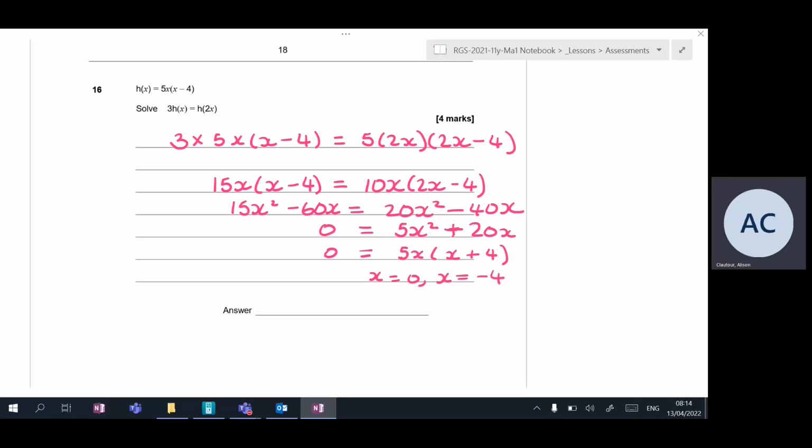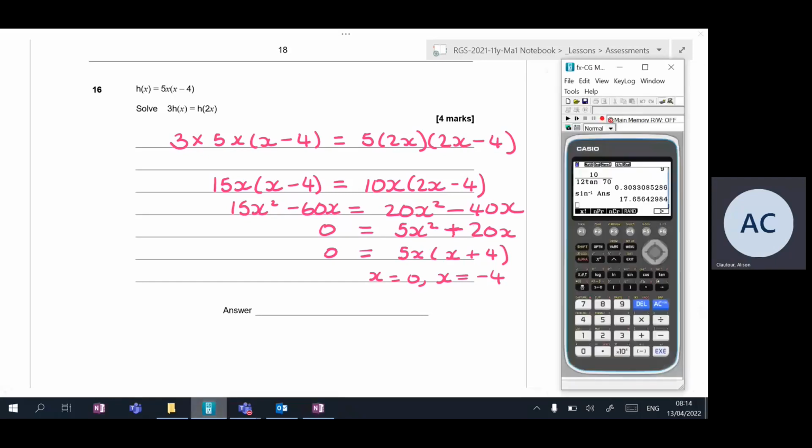Okay, remember you can also use graphs to solve equations. So rather than doing all that algebraic work, you could draw the graph of this first side. So you don't even have to simplify it. So 3 times 5x, x minus 4 was one side.